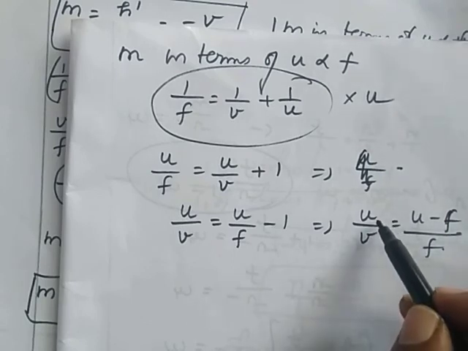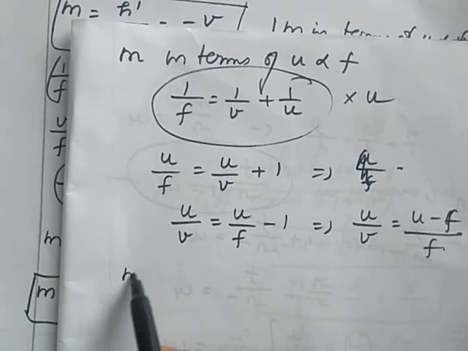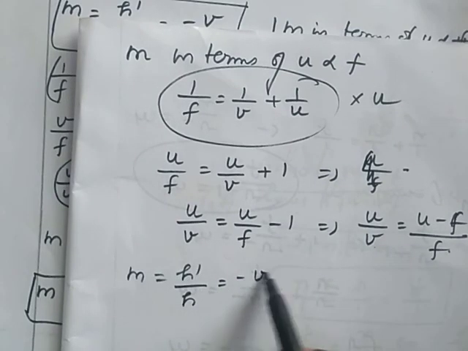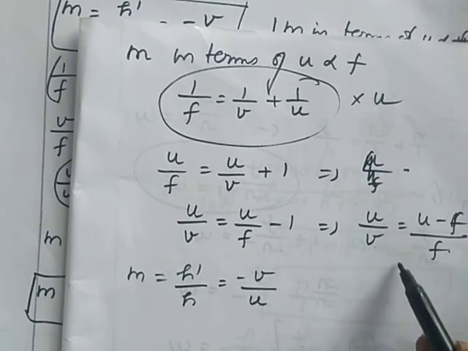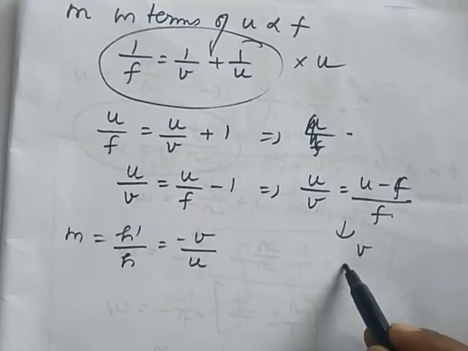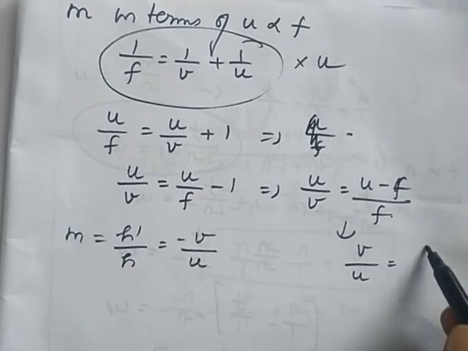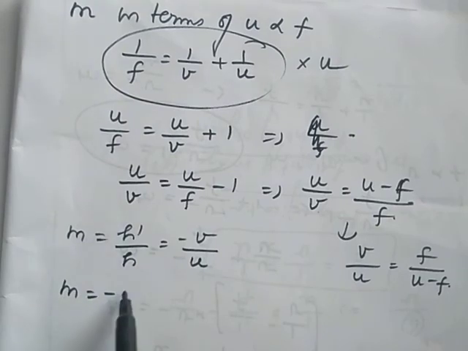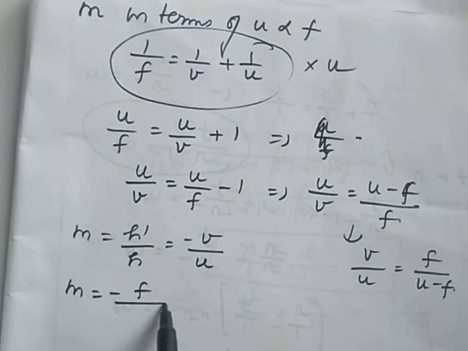We need the value of v by u because m is equal to h dash by h is equal to minus v by u. On reciprocating it, we get v by u is equal to f by u minus f. Substitute here, then m is equal to minus f by u minus f.